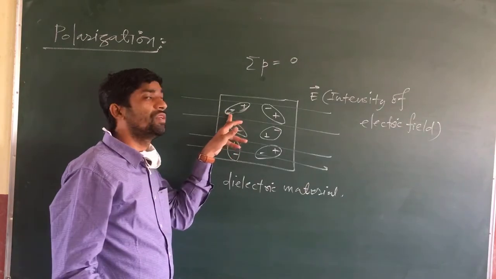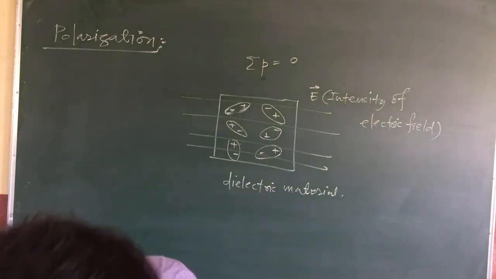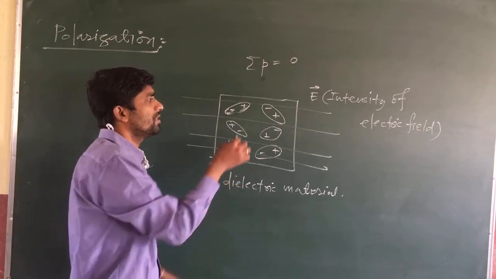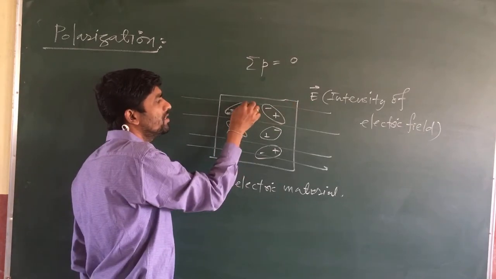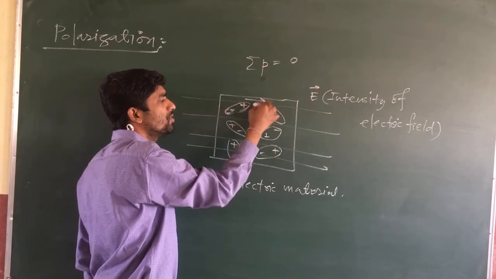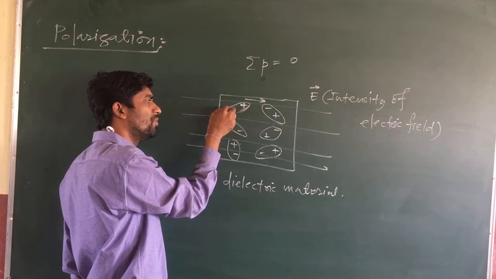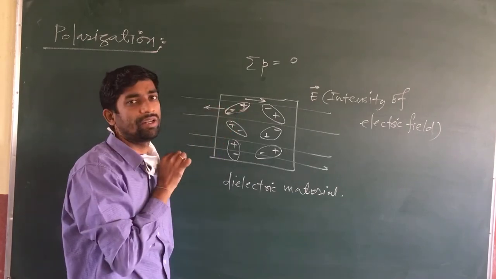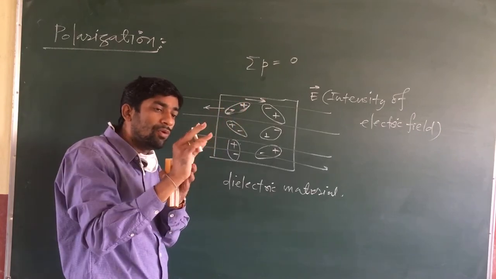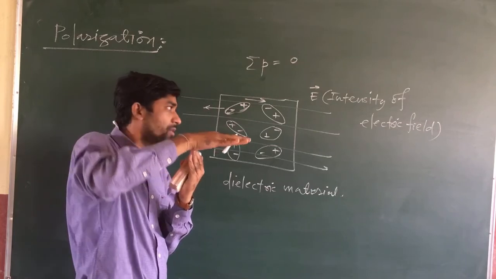These randomly oriented dipoles will get oriented in the direction of the electric field. The electric field exerts a force on the charges: the positive charge experiences a force in the direction of the electric field, and the negative charge experiences a force opposite to the direction of the electric field. This forms a couple, the couple produces a torque, and the dipole rotates in this direction.